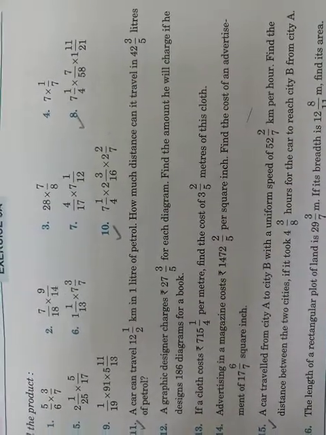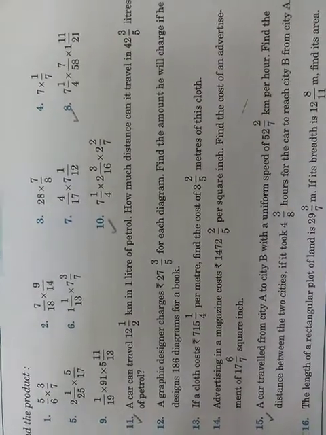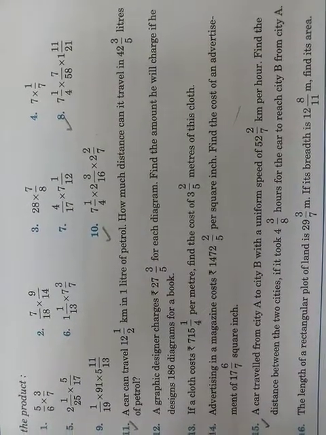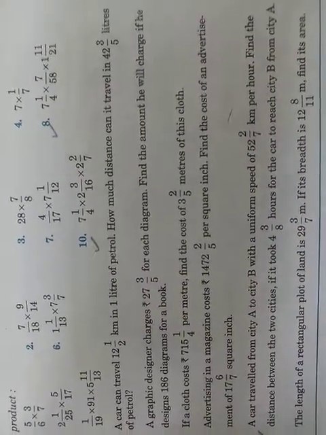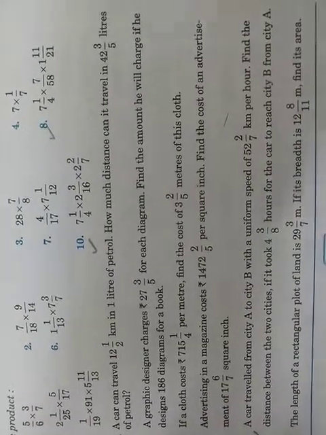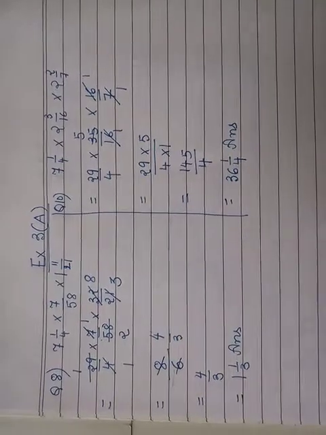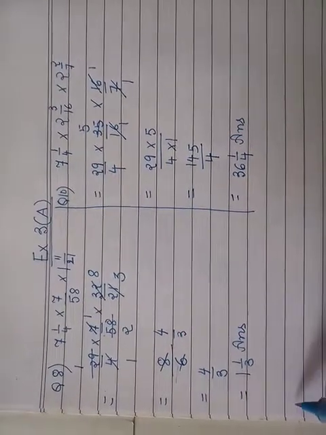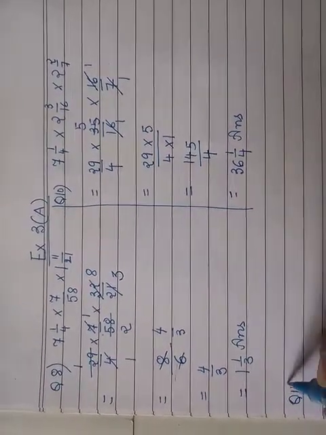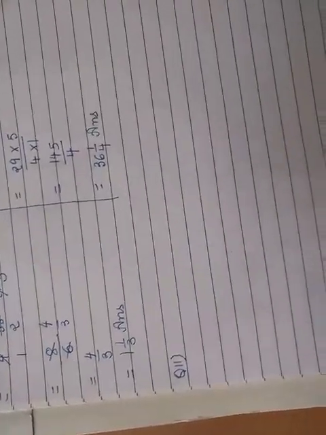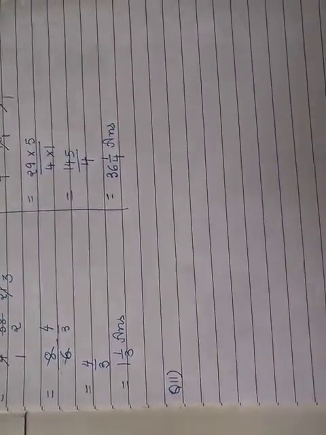But as it is a word problem, we need to write the statement correctly and show the presentation in a proper manner. Now I start with question number 11. So what is given? Distance travel in 1 liter of petrol.